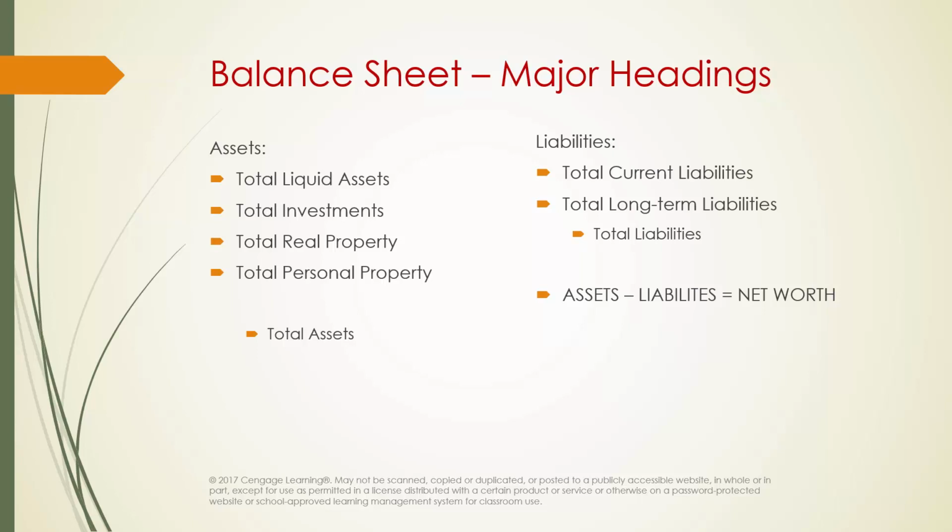An asset is anything you own. A liability is anything you owe. And your net worth is your difference. Another term for net worth that I will use interchangeably, you're going to grow to hate that phrase, is equity. Equity and net worth are interchangeable terms.